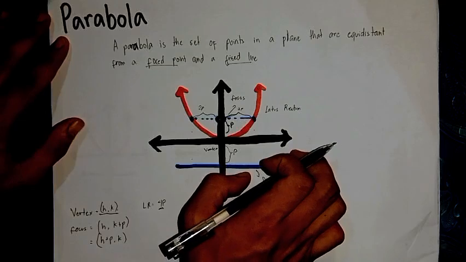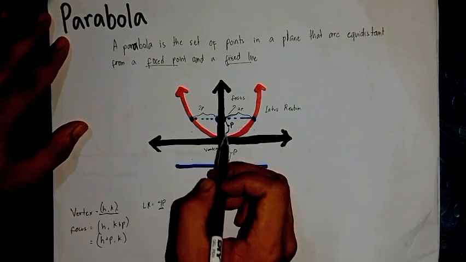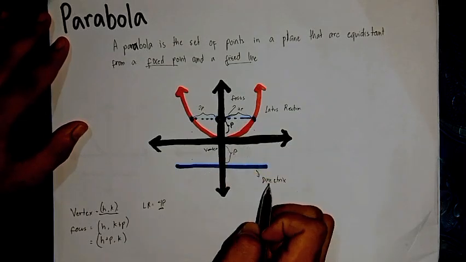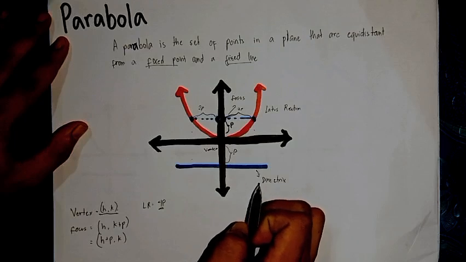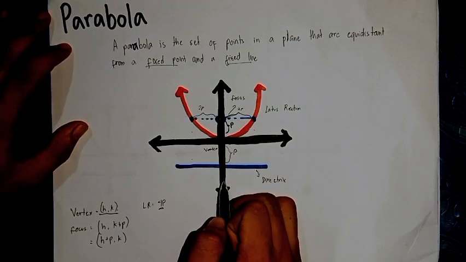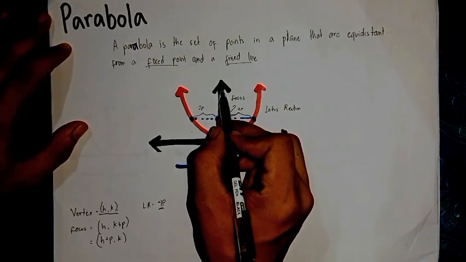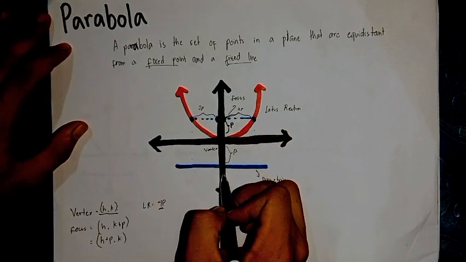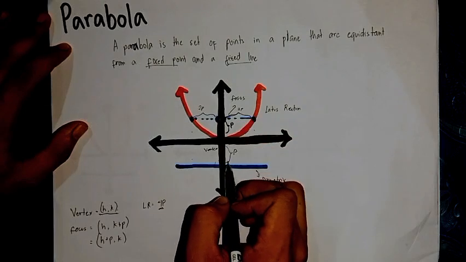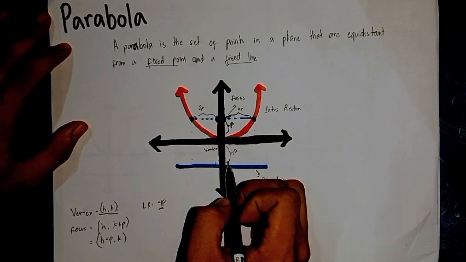Next, we have the directrix. The directrix is perpendicular to the axis of symmetry. This is our axis of symmetry. Always remember that the directrix is perpendicular to our axis of symmetry. That is our directrix.